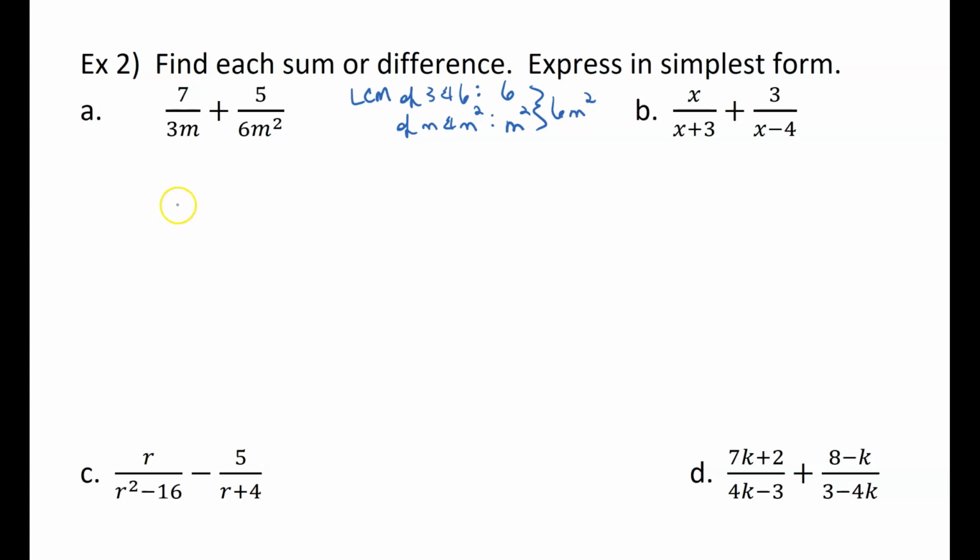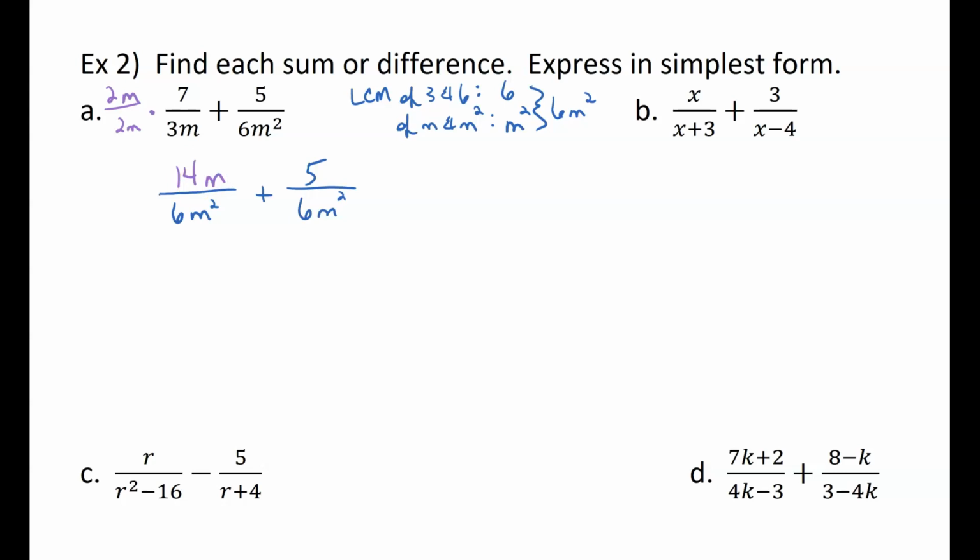All right, so knowing that I need 6m squared down here and 6m squared, what's nice about the second term? It's already 6m squared, so we don't have to do anything with that one. But in the first one, how do I get 3m to 6m squared? 2m. So if I multiply the denominator, I also have to multiply the numerator. And so now I have 2m times 7, that's 14m.